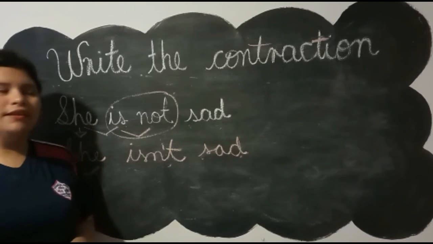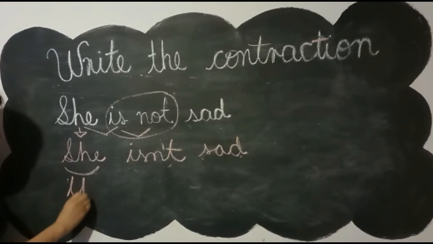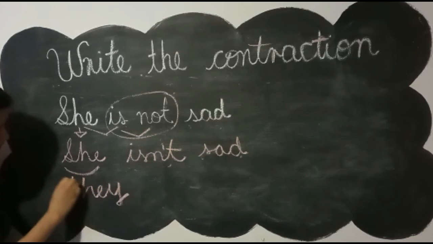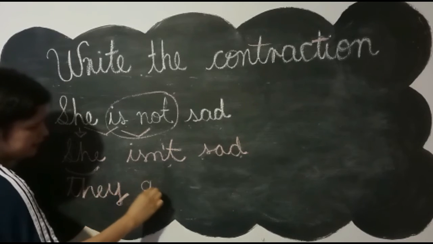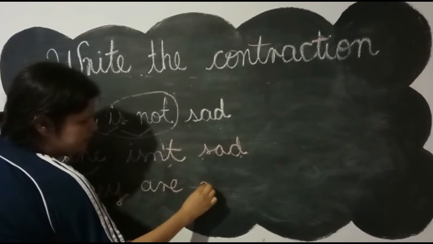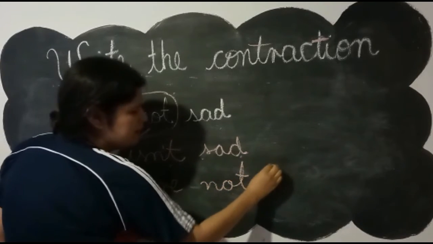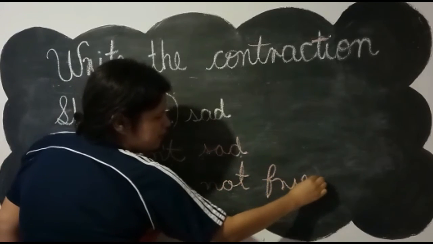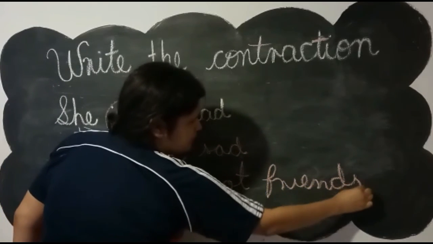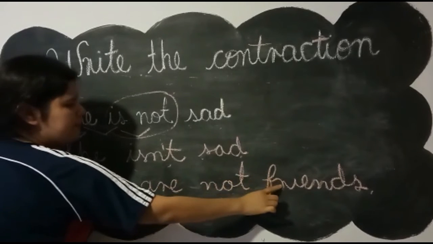You can have different contractions to form. For example, if you have they are not friends. They are not friends.